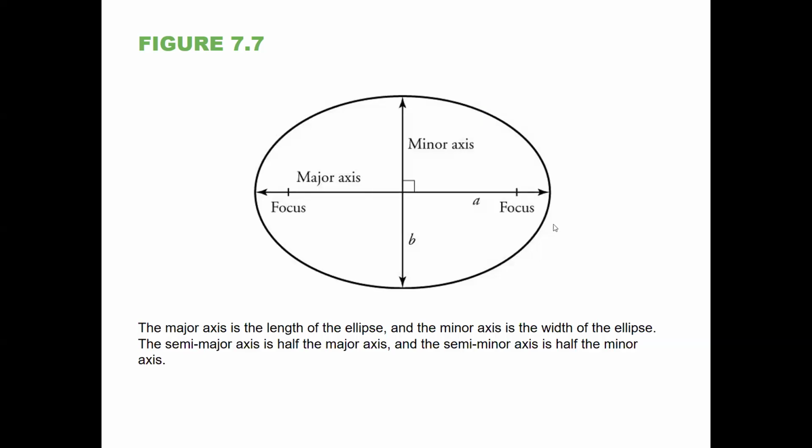So it has a really long length and a shorter width, but they are perpendicular. If you make a center for this ellipsoid, this egg shape, and you go to the farthest point to the left of that center, and then you go to the rightmost point that is farthest from the center, and you connect the line.